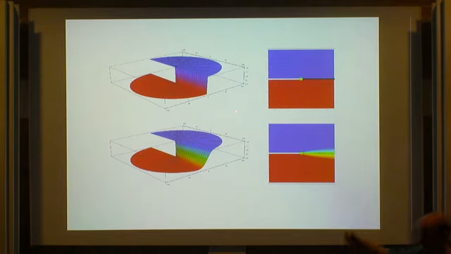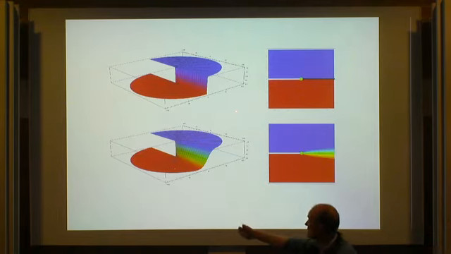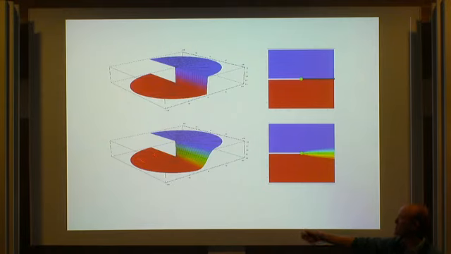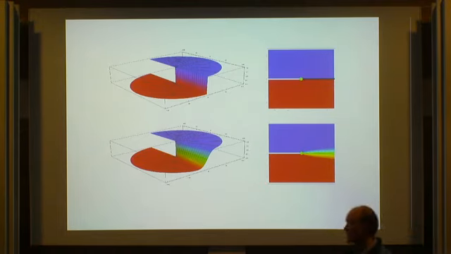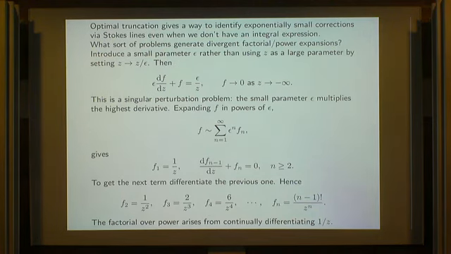That would be a discontinuous jump, and this is how Berry sees it, that the jump is not discontinuous, it's smooth, with a parabolic profile, because it's r to the half theta that is the key variable. So you have this error function smoothing of this discontinuity. So optimal truncation gives you a way to identify exponentially small corrections even when you don't have an integral expression.